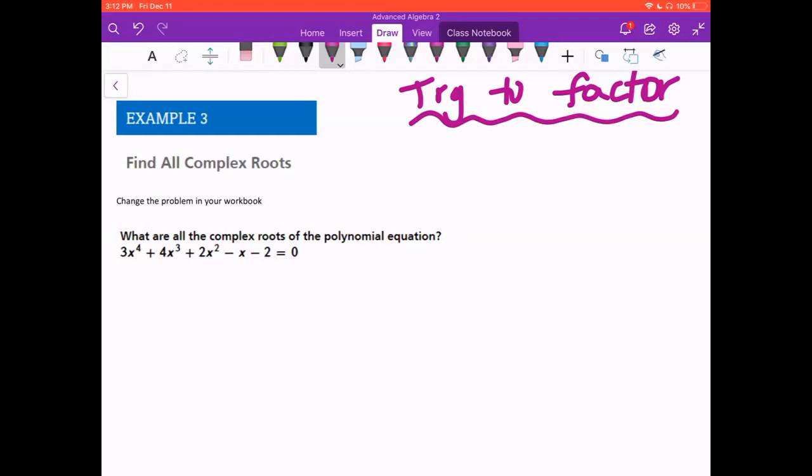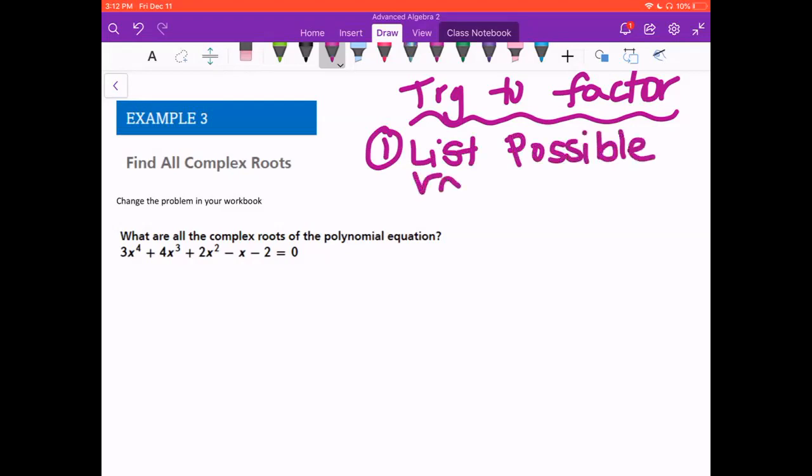So if we're going to try to factor, the first thing I need to do is list all those possible rational roots. I'm going to list them. So that means I need to take the factors of -2, or just factors of 2.